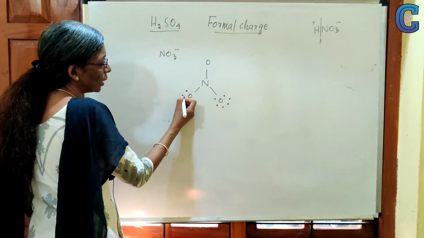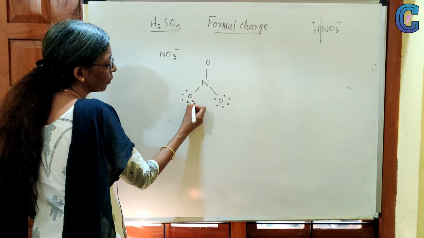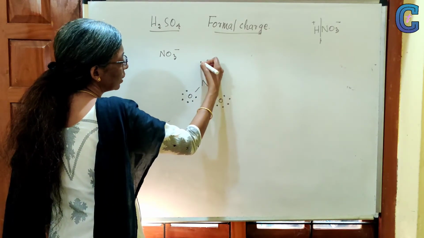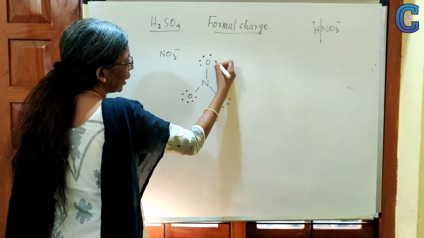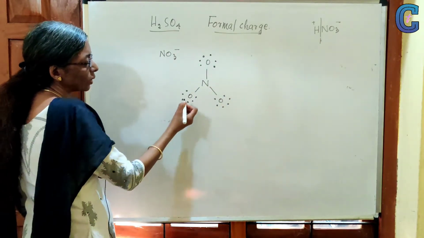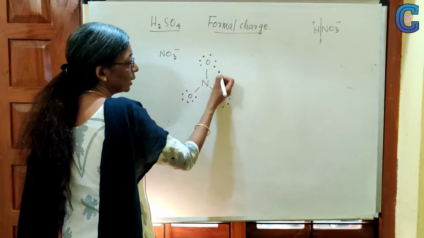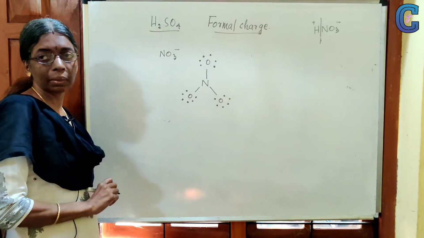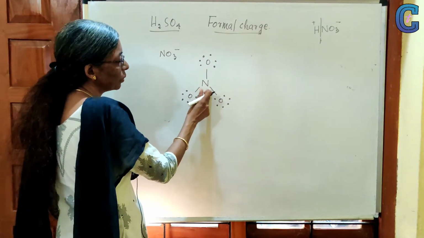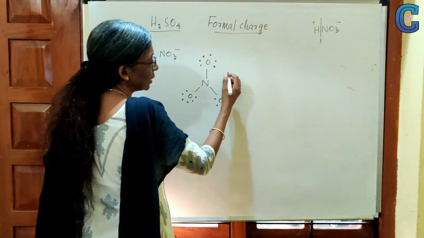Here also 6, and here also 6. Okay, this oxygen's octet is completed, this oxygen also, and this oxygen also. But you see nitrogen has only 2, 4, 6. So this is not correct.